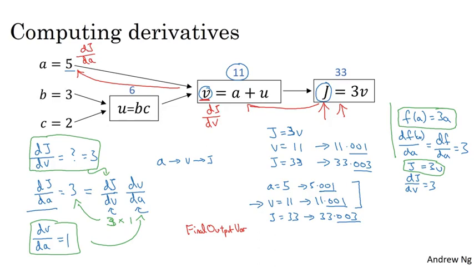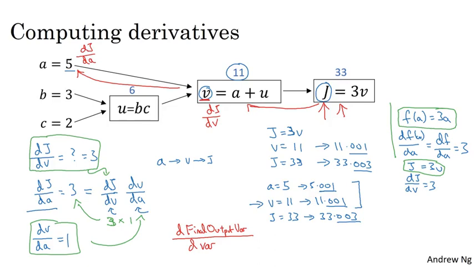A lot of the computations will be trying to compute the derivative of that final output variable with respect to some other variable. Let me just call that d var. So a lot of the computations you have will be to compute the derivative of the final output variable, really J in this case, with various intermediate variables such as a, b, c, u, or v.